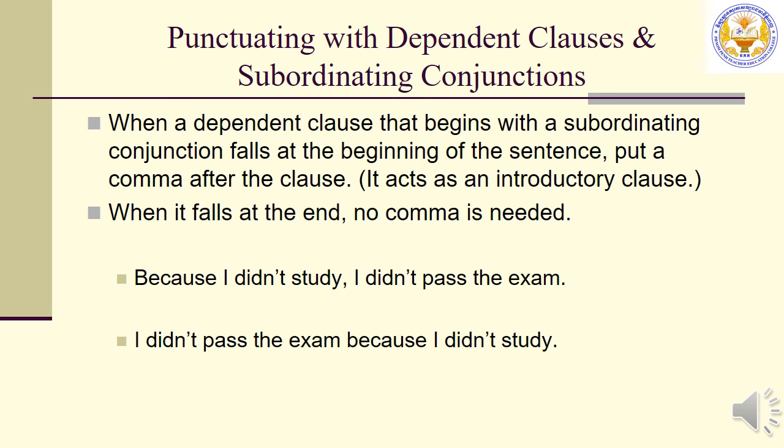Like, "Because I didn't study, I didn't pass the exam." But when we move the dependent clause to the end of the sentence, we will have "I didn't pass the exam because I didn't study." So when we put a dependent clause in front of the sentence, we need a comma.